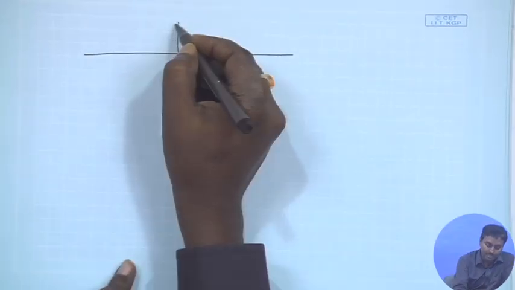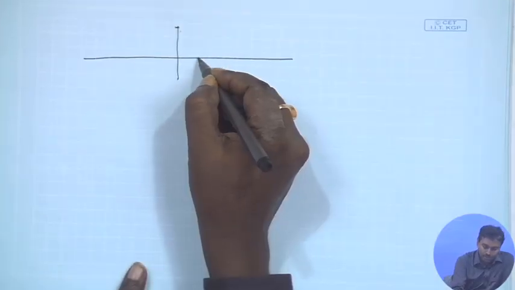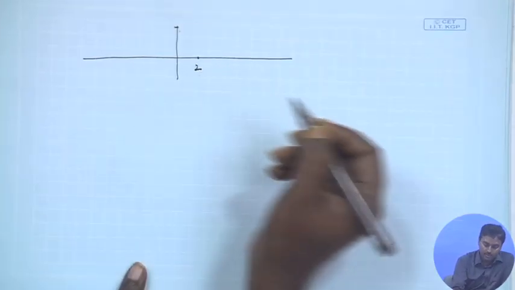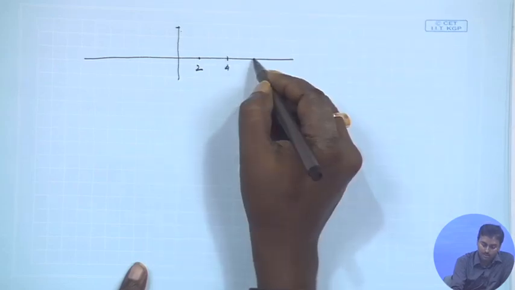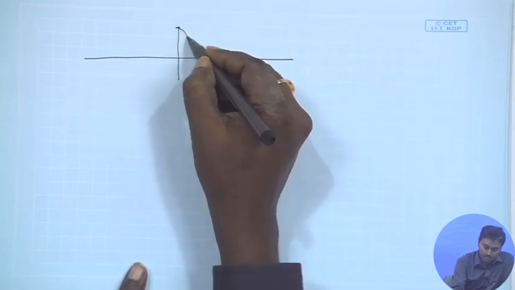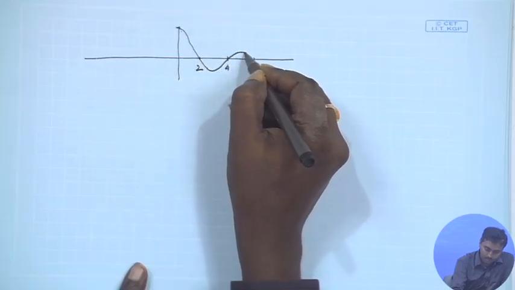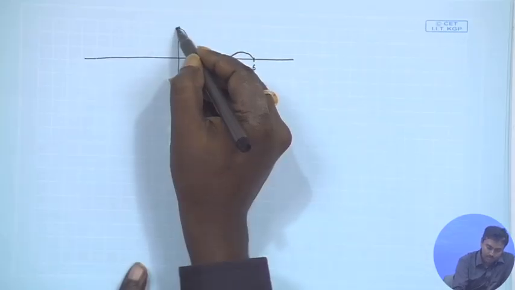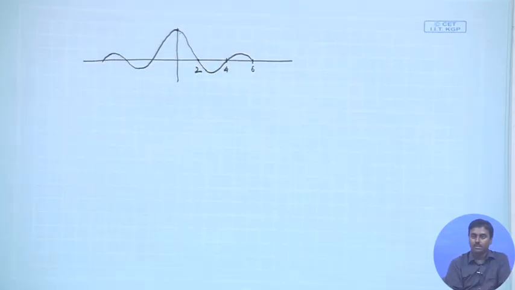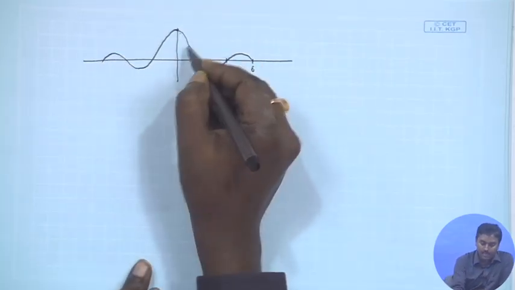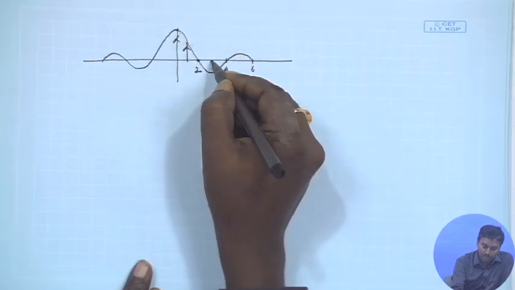At D0 it is half, and then it goes to 0 at 2, goes to 0 again at 4, and so on, 6. So it just comes down like this, goes up, same thing happens over here. That is the envelope, of course, and at every such value this is 0.